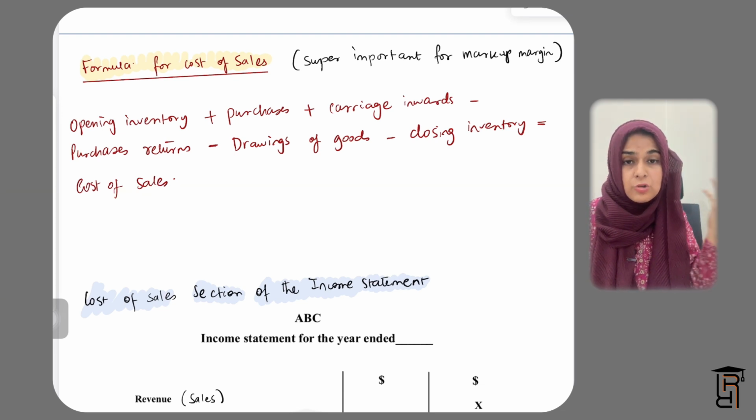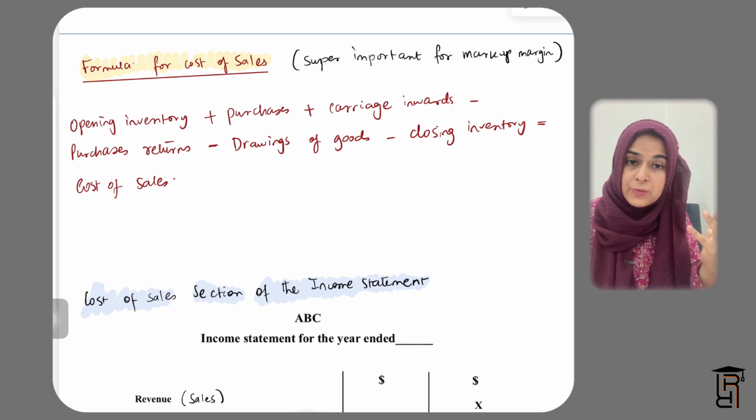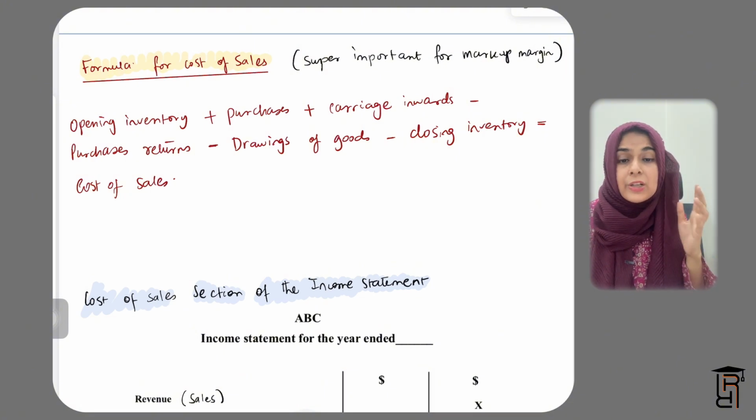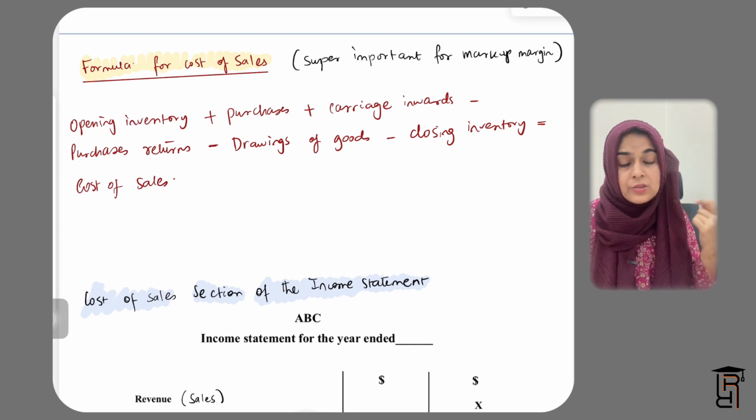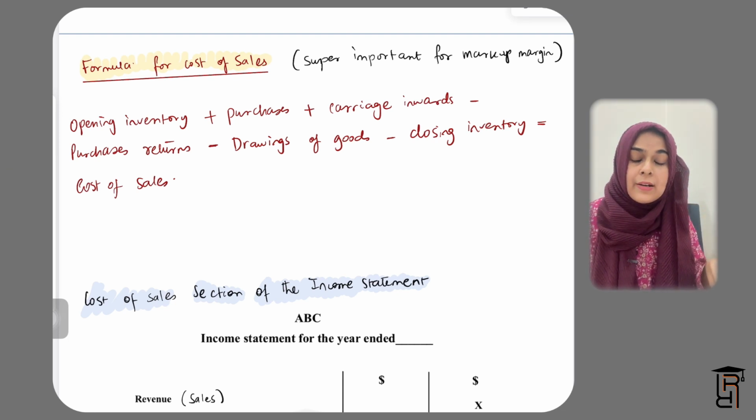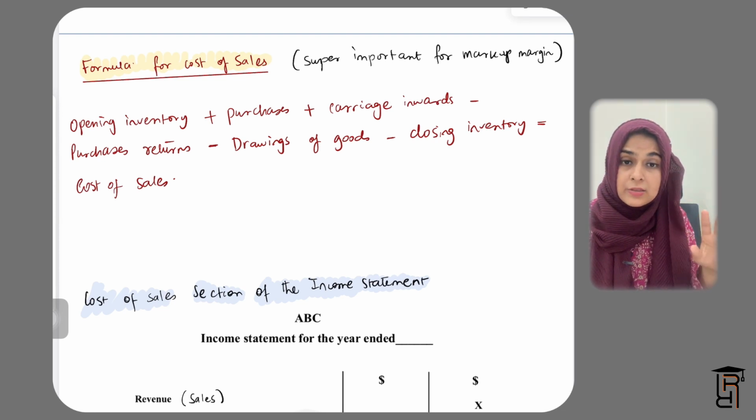If the owner takes out goods or cash from the business, the owner should record that as drawings. These goods are not business goods anymore; the owner is taking them out for his or her personal use.